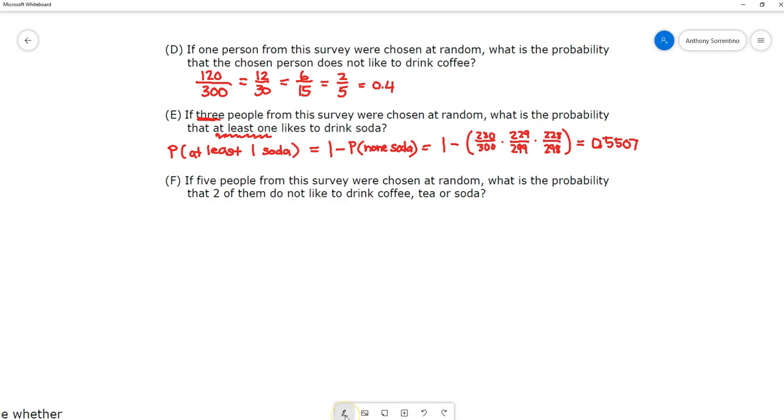Okay, so going back to the Venn diagram, and hopefully you've drawn it and have it in front of you now, we have 51 that do not like coffee, tea, or soda, which means we have 249 that like at least one.